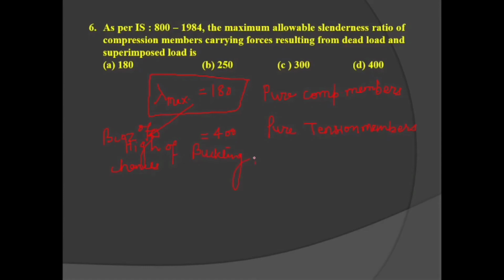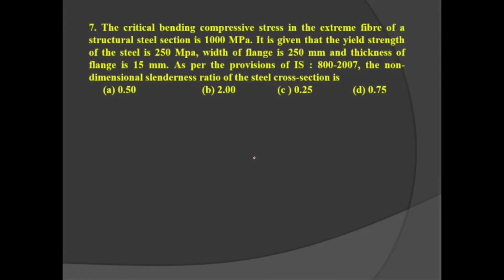Okay. Now, the critical bending compressive stress in the extreme fiber. This is a GATE 2020 exam question. Here Fcc is given as 1000 megapascal, the yield strength of the section Fy is 250 megapascal, and the width of the flange is 250 mm.